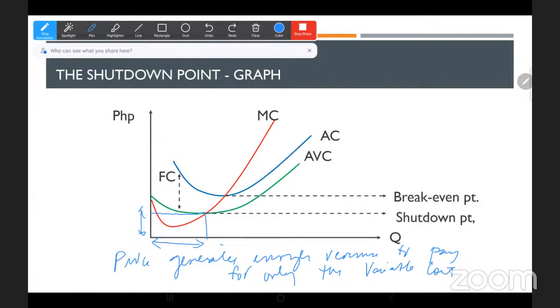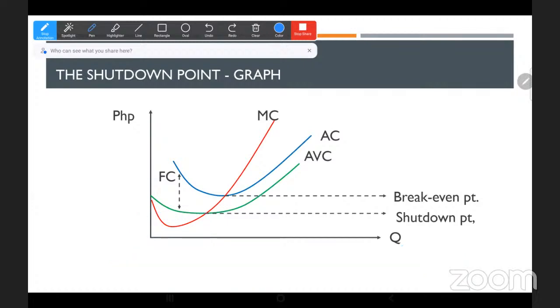Pero lower than that, hindi na. Kasi the loss will be bigger na. Kasi may variable cost ka pa eh. Plus the fixed cost. Malaki ng losses mo pagka ganun. Ibig sabihin, you're not even able to pay for the variable cost. So negative ka na doon. Tapos hindi po mabayaran yung fixed cost na negative din yon. So mas malaking negative yon kesa dun sa the price is just enough to pay for the fixed cost. Now, break-even point naman is this portion.